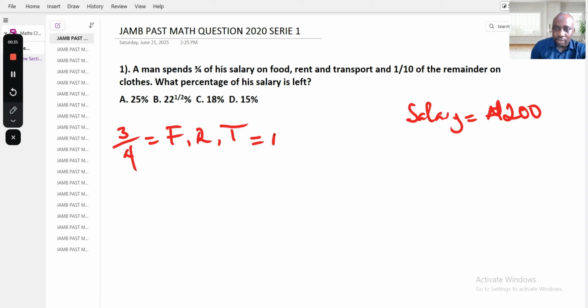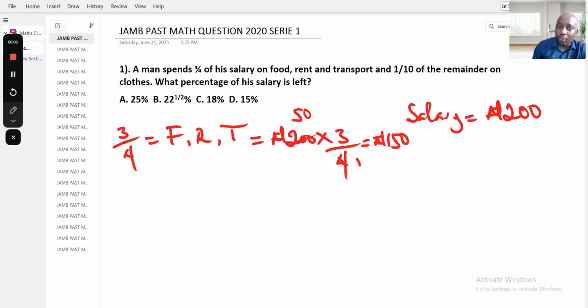Let's calculate together: 200 naira multiplied by 3 over 4. 200 divided by 4 gives 50, and 50 times 3 gives 150. It means that the man spent 150 naira on food, rent, and transport. What is going to be left is 50 naira, which is one-fourth.